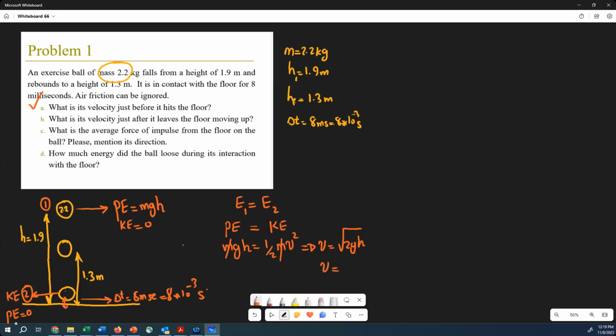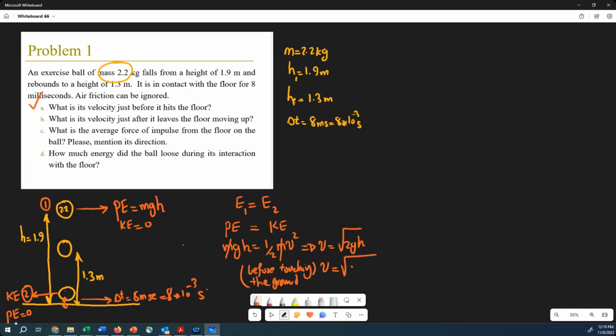And this v is the velocity before touching, or hitting, the ground.